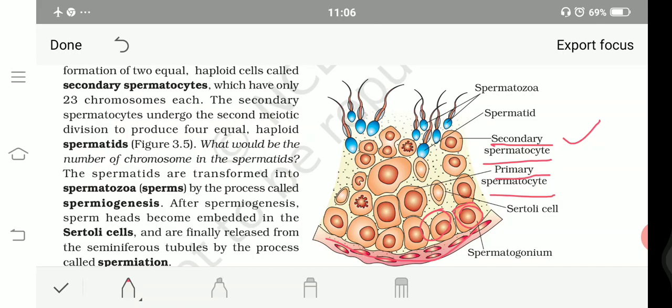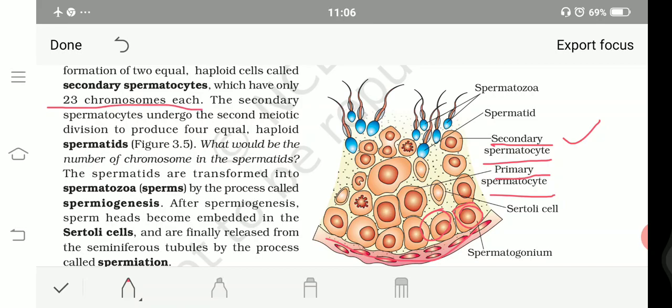The secondary spermatocytes usually carry 23 chromosomes, which means they carry gametes that are haploid in number.